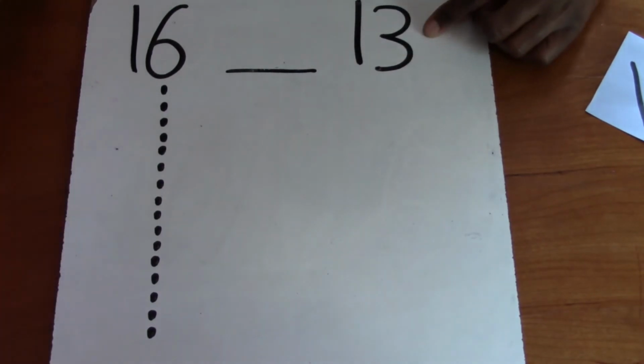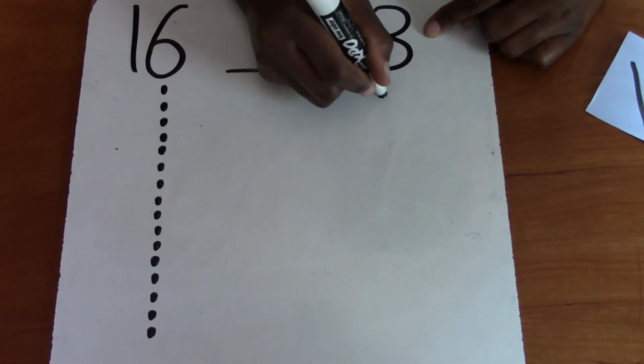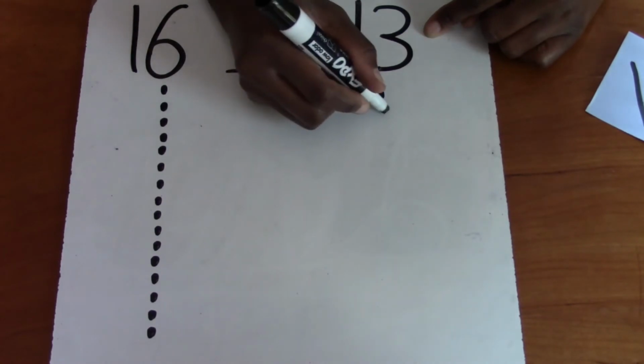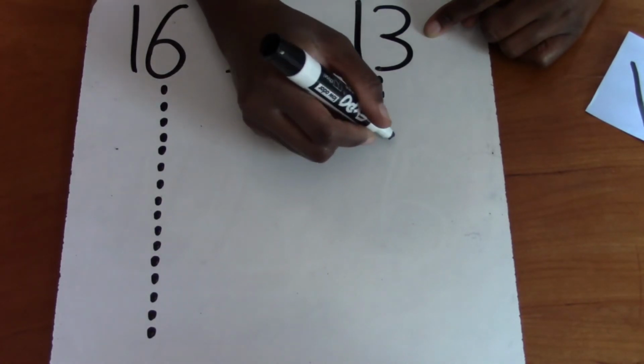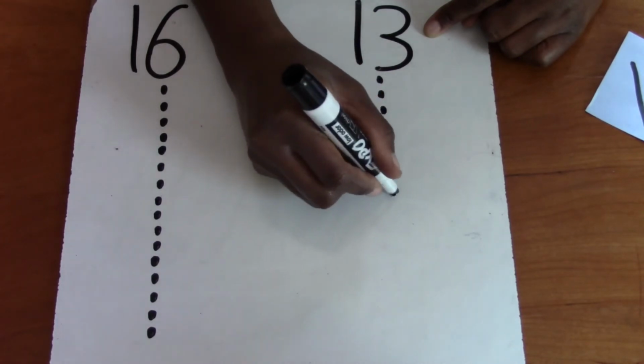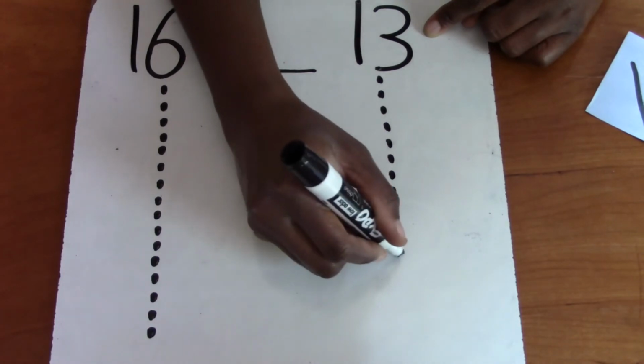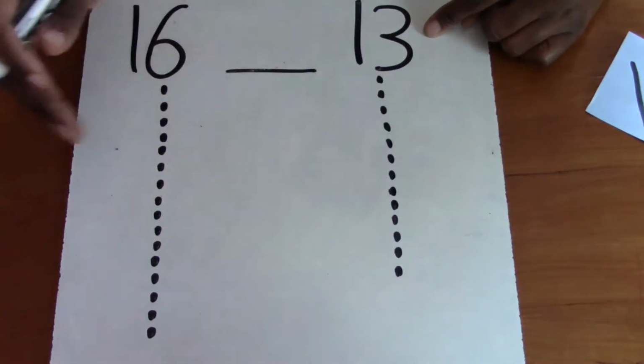I'm going to do 13 dots. Remember, they need to be very, very neat. 1, 2, 3, 4, 5, 6, 7, 8, 9, 10, 11, 12, 13.